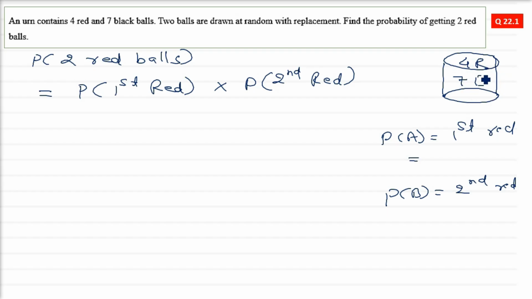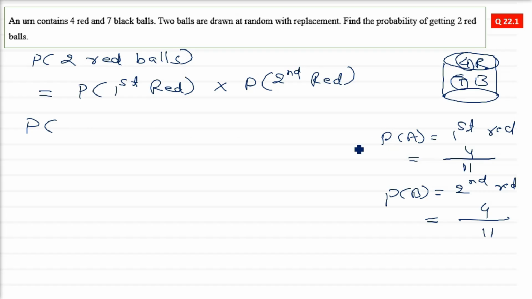Probability of getting the first red, because the replacement is being done, first will be 4 plus 7 is 11, and there are 4 red balls, one can be picked up, so 4 is our favorable cases. PB is total number of 11 cases. Second red, again we have 4 red with us. So the first red ball, we are actually doing PA multiplied by PB only. So actually PA intersection B we are finding out.